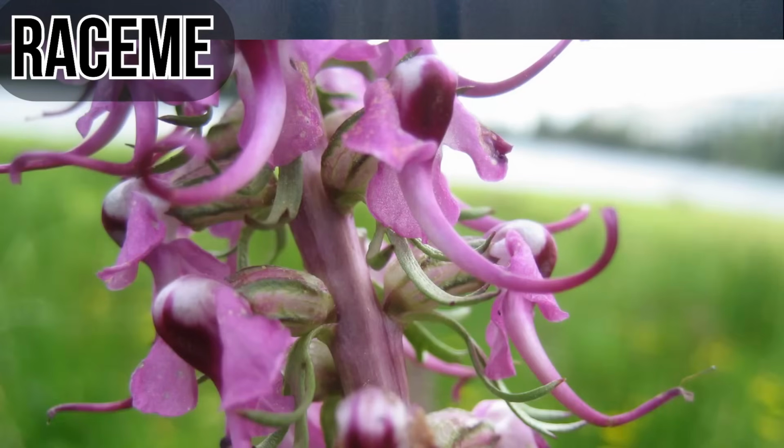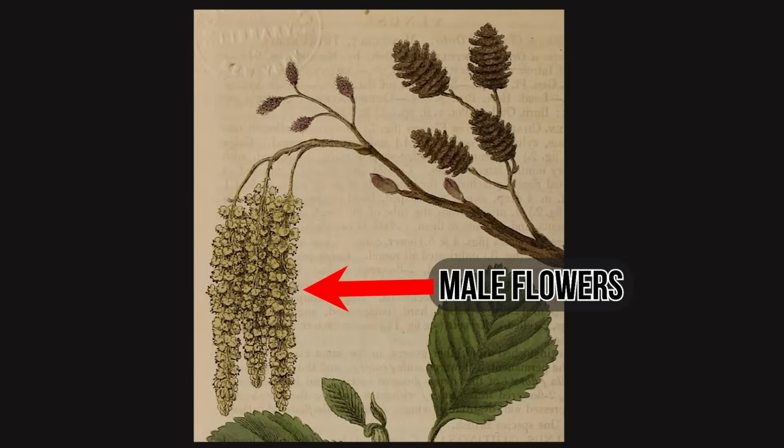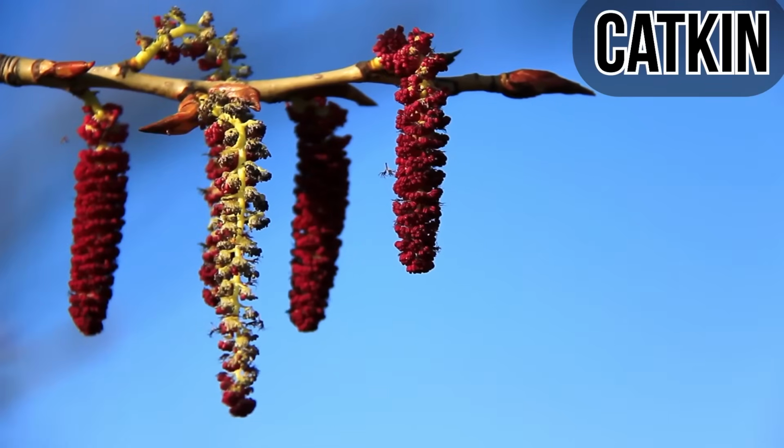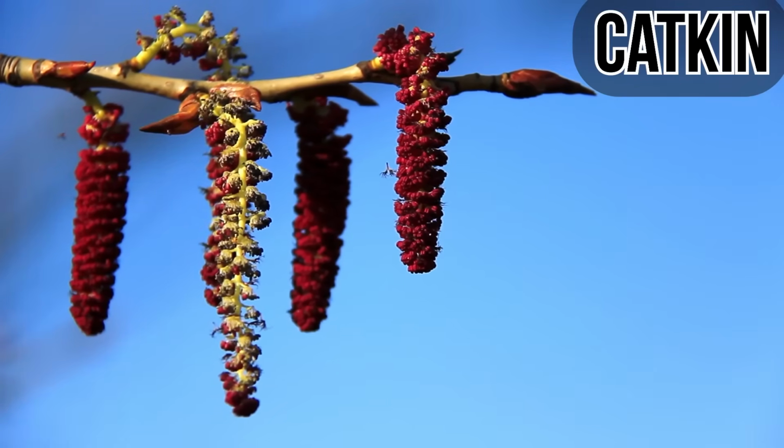If it looks kind of like a spike, but instead of growing upwards, it's hanging down, and the flowers on the spike are unisexual, they're not both male and female, they're just male and just female, then we call this a catkin. And you're probably familiar with catkins on something like a willow tree, or lots of deciduous trees have catkins.